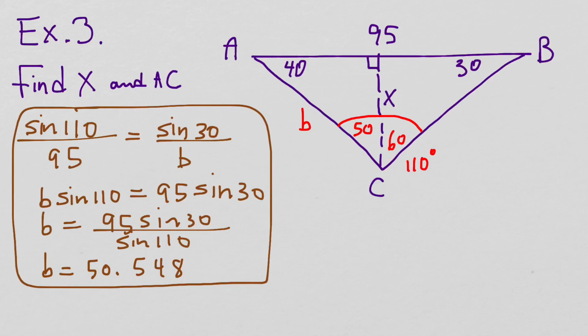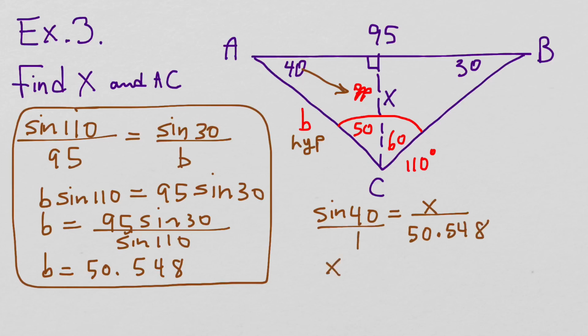All right, so now I can use, since I have this side now, which is the hypotenuse of this right triangle, I can set up a trig ratio to find x here, because I've got this angle and this angle, so I could use x as my opposite and b as my hypotenuse, of course, and I could say the sine of the angle 40 is equal to the opposite side, x, over the hypotenuse, which is b, which we now have a number for.